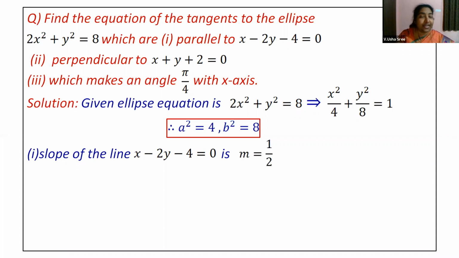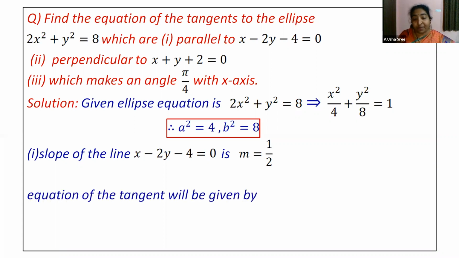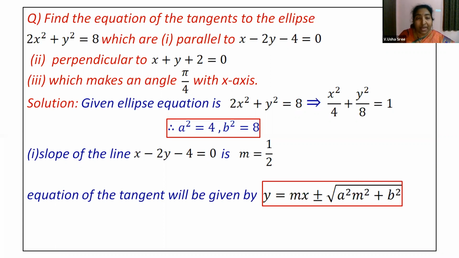Then the equation of the tangent will be given by the formula. What is the formula for the equation of the tangent? We have seen it as y is equal to mx plus or minus root of a square m square plus b square. Then we will just substitute the values of m, a square and b square in this formula. Then you will get y is equal to 1 by 2x plus or minus root of 4, a square is 4, and m square, that is 1 by 2 whole square, is 1 by 4, plus 8. 4 and 4 get cancelled, children.